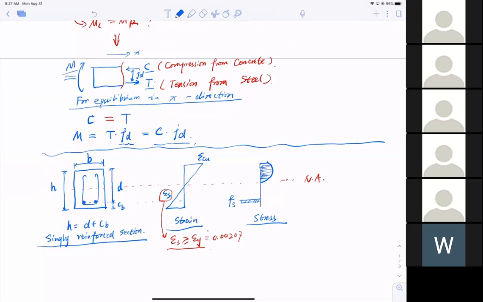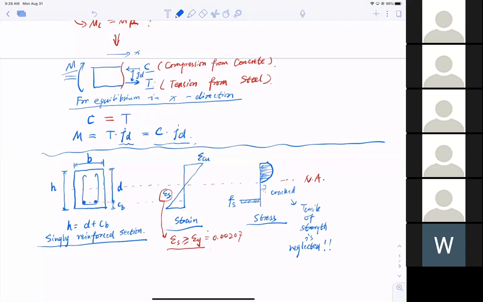The question is, what happened to this side? There's no distribution from the tensile strength of the concrete. Why is that? Because it's cracked. So the tensile strength of the concrete is neglected.